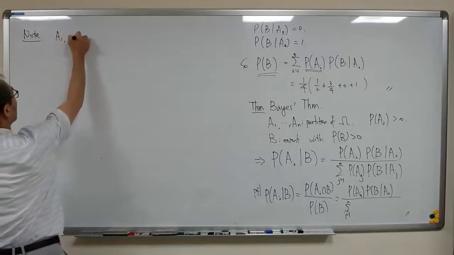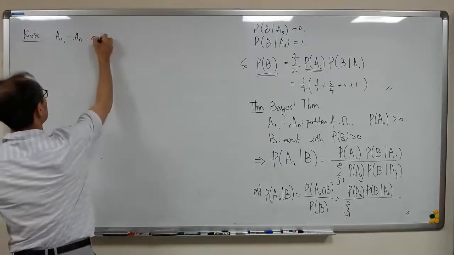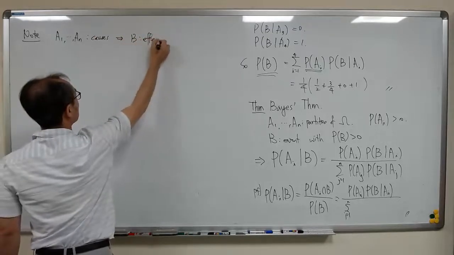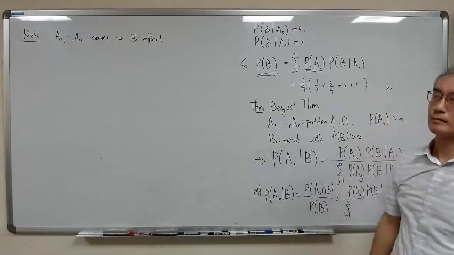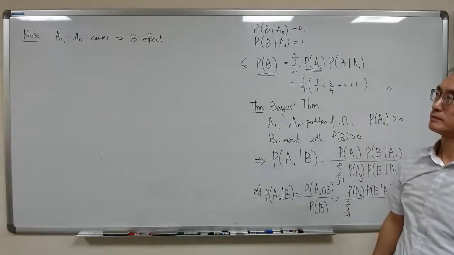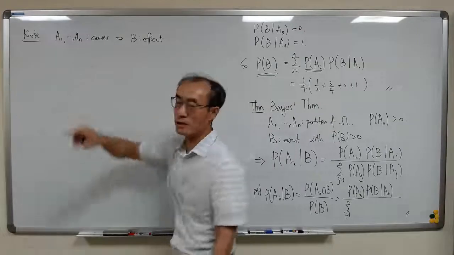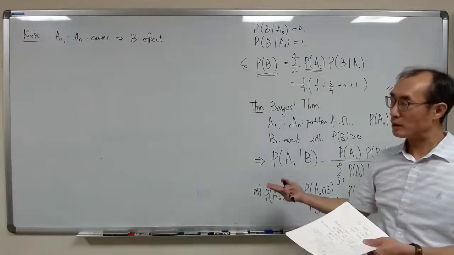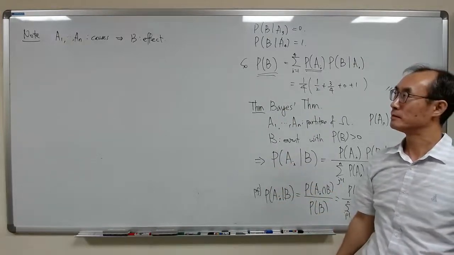In this probabilistic model, suppose A1 to AN, these partitions, are considered as causes, and B is a fact. There are many different causes that produce this kind of event with appropriate probability.